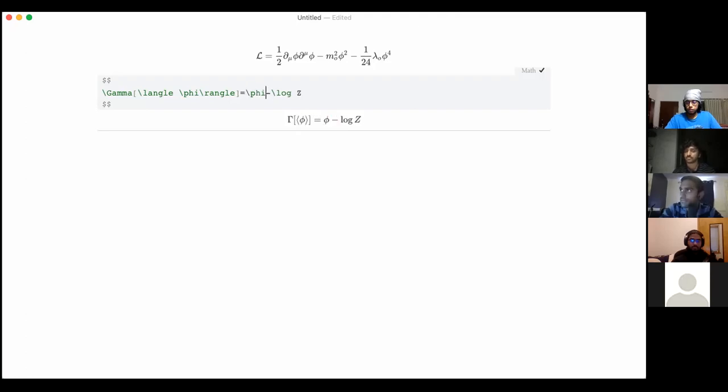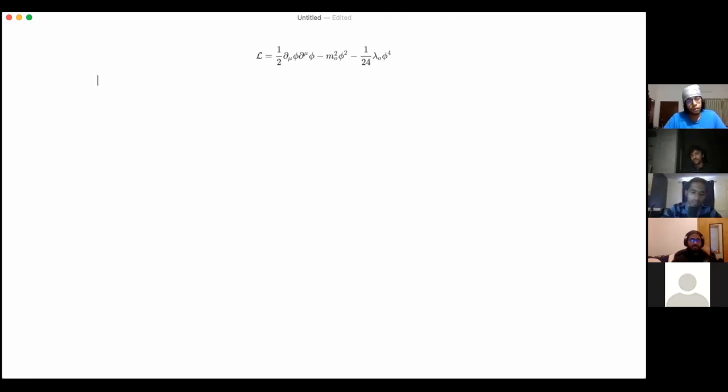You have phi, partial j of phi with respect to phi. So it's sort of your exercise to figure out what all this is, what's going on here. For now, it doesn't matter too much. Sorry, this is partial j of log z, I think. Something like this.